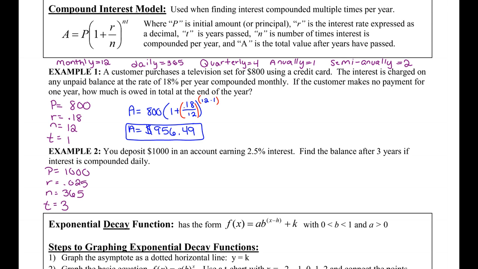So I have A equals 1,000 times the quantity of 1 plus 0.025 over 365 raised to a power of 365 times 3. Again, using your calculator, put parentheses around the fraction and around our exponent. You should get an amount of $1,077.88.